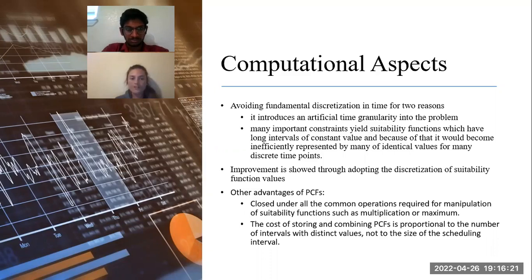The first one is that it introduces an artificial time granularity into the problem, and many important constraints yield suitability functions which have long intervals of constant values, and because of that they would become inefficiently represented by many identical values for many discrete time points.